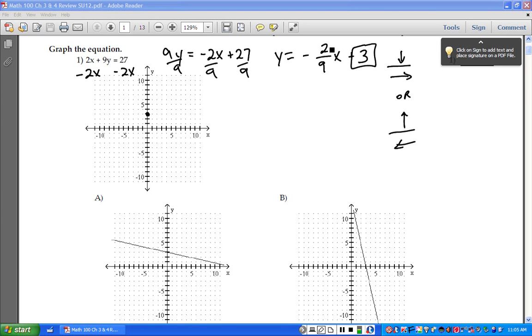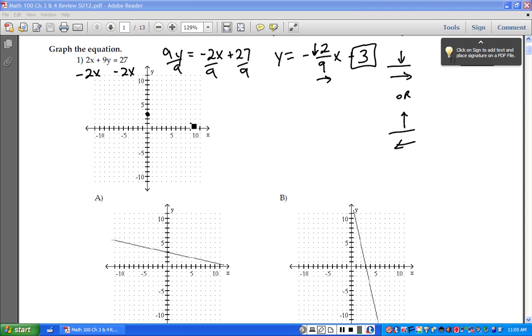Either one of these options would be fine as far as counting off your slope. For me, I'm going to go down 2 and right 9 from my initial point. So down 1, 2. Okay, then over 1, 2, 3, 4, 5, 6, 7, 8, 9.